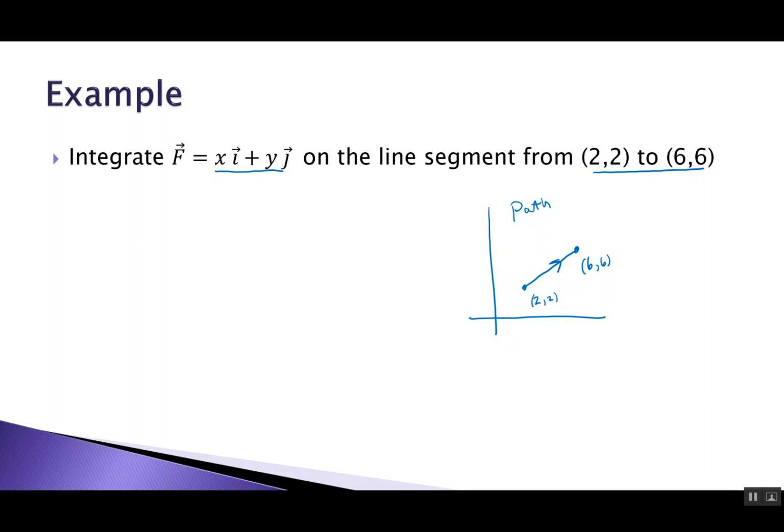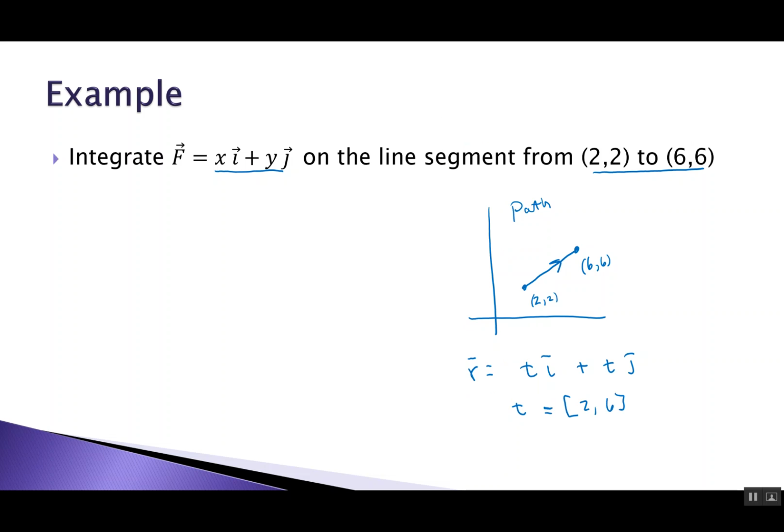So I'm going to get parametric equations for that path. In this case, the parametric equations are pretty easy to see. I could use t in the i direction plus t in the j direction, and t is the closed interval from 2 to 6.